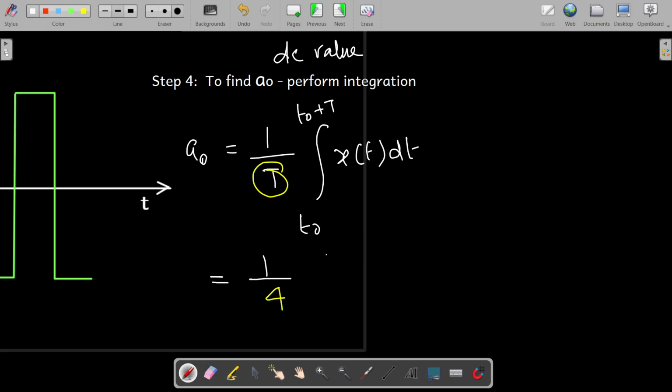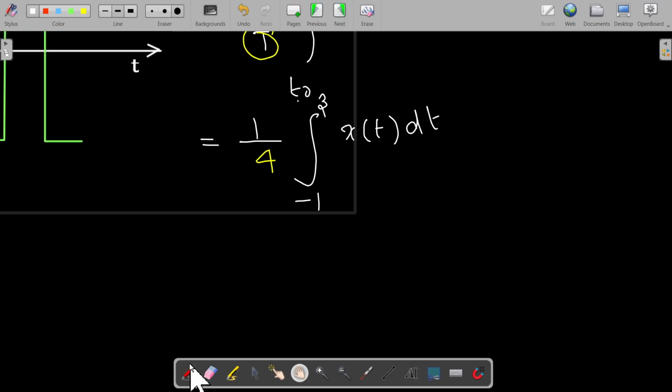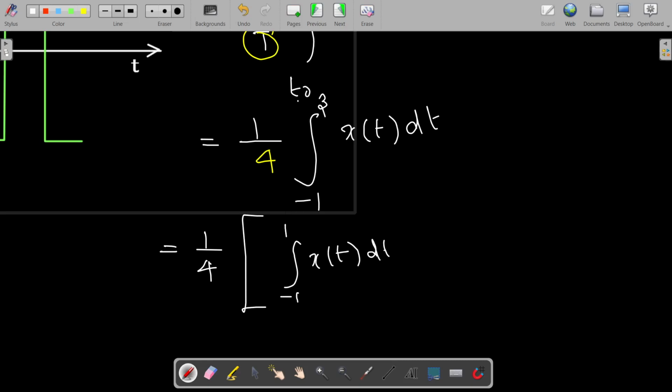Then this integral, t naught actually starts from -1 to 3. Okay, -1 to 3. The x of t values we have to put. So this integral value can be divided into two parts, like 1 by 4 integral -1 to 1 x of t dt plus 1 to 3 x of t dt.